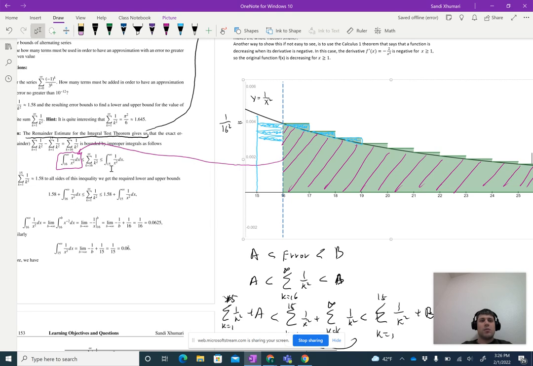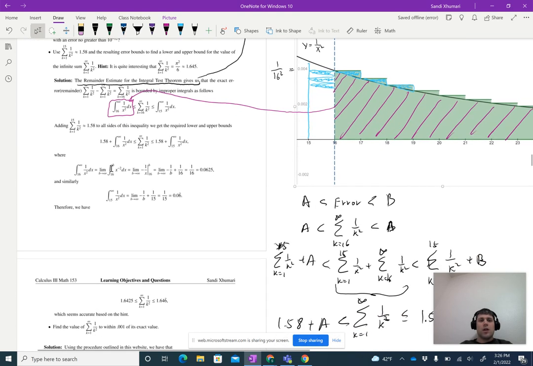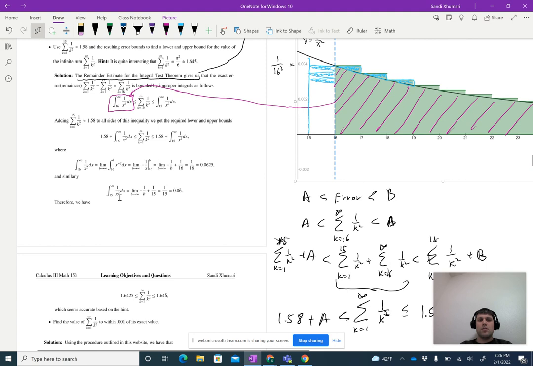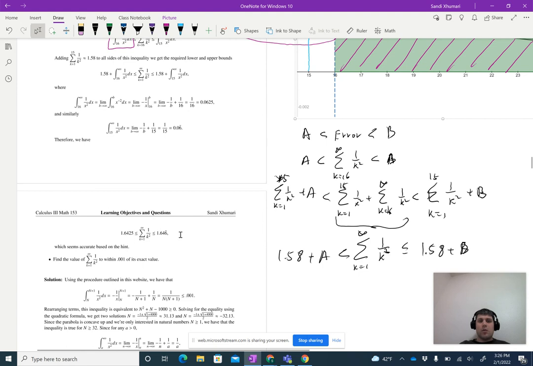That's going to give us a little bit more area. And so now we solve these integrals. And remember, these are improper, so you need limits to figure those out. Once you compute those, you plug them in here and then add the 1.58 to everywhere.